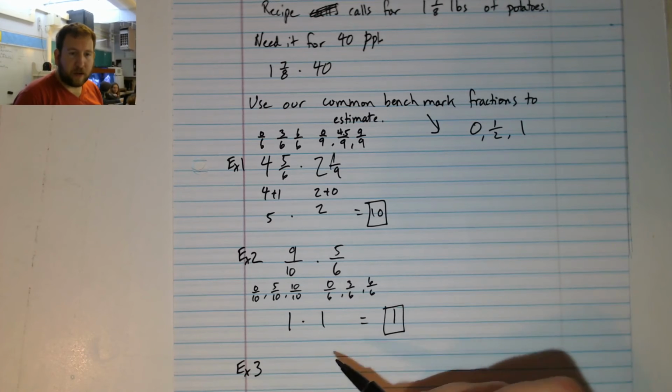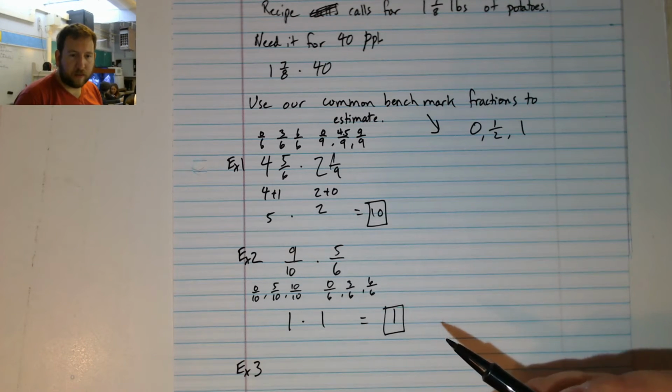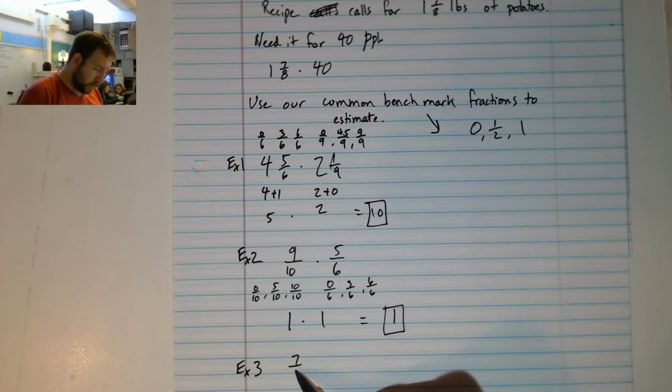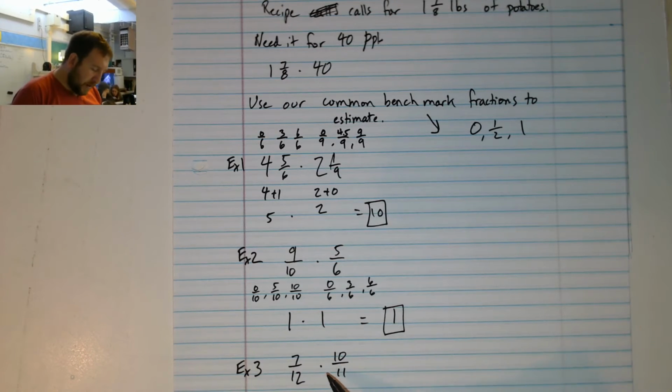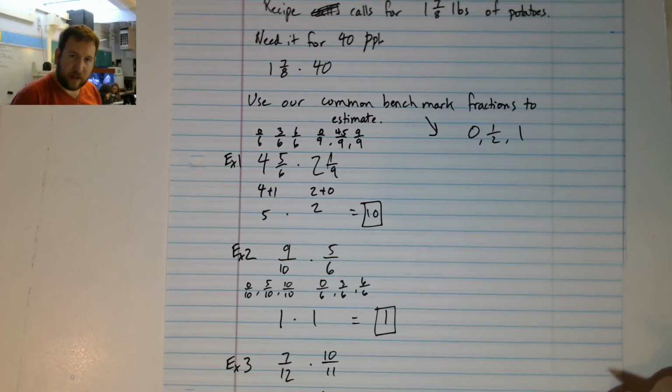Say this time I'm going to do 9/10. Oh wait, it's not the one that I'm looking for, sorry. I want to do 7/12 times 10/11. All right, so I can ask myself again, I know this one is going to be closest to 1 because look, 10 is almost 11. So I can definitely say that's going to be 1.